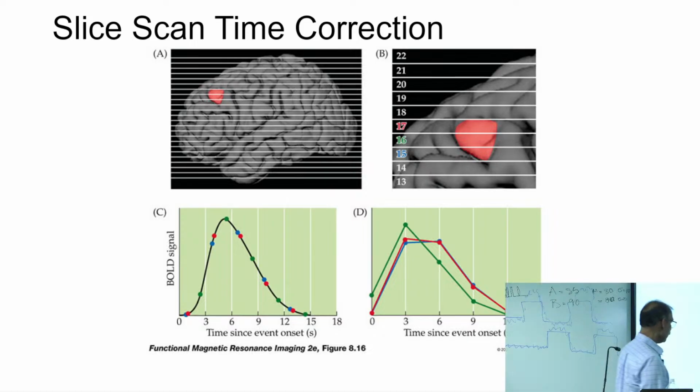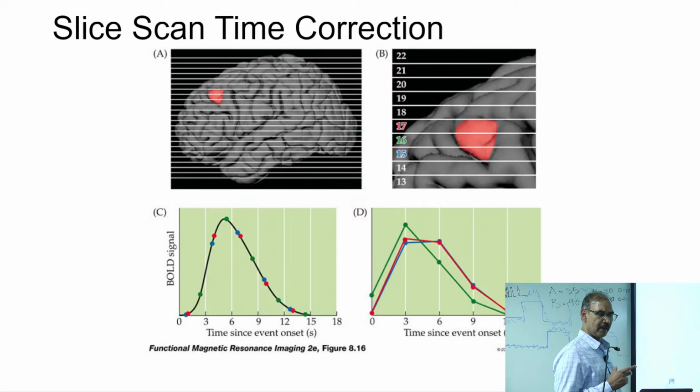If the distribution was like this and you did not do any correction, then the response may look like this. And it's not just the amplitude, it is also the delay, which may give you false information. So we have to always correct for these kinds of changes.